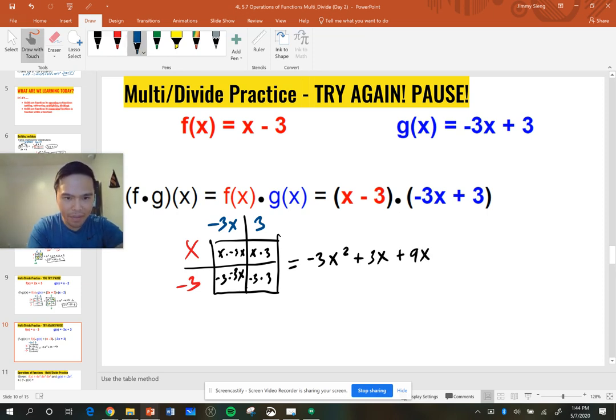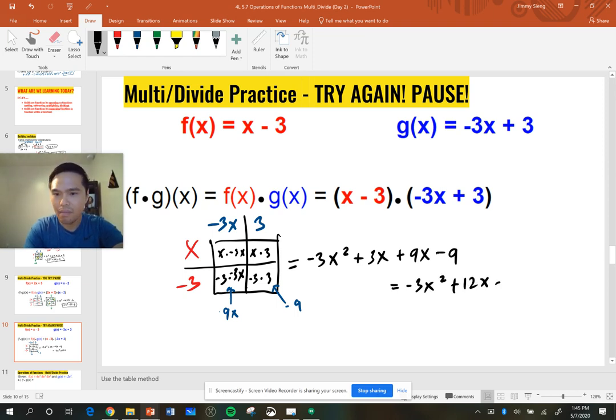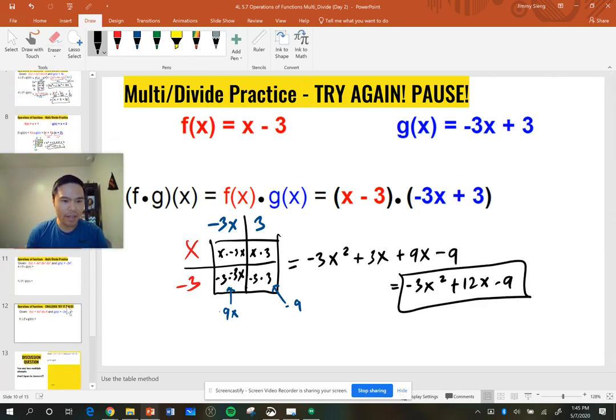Because again, we have here negative times a negative, which gives you positive 9x. And then minus 9 because of this other part. This right here is minus 9. Okay, simplify those, combine the like terms, you end up with the answer of negative 3x squared plus 12x minus 9. Pretty good.